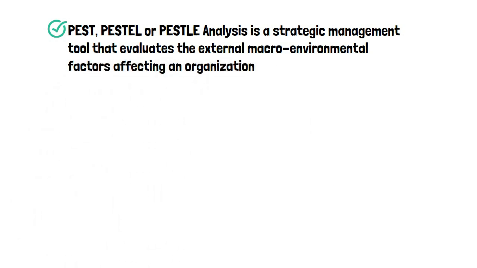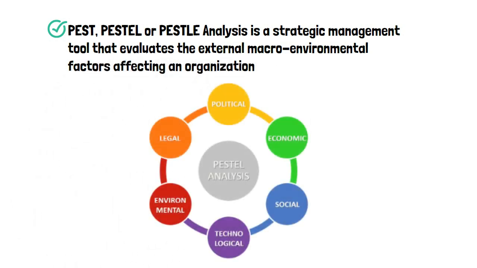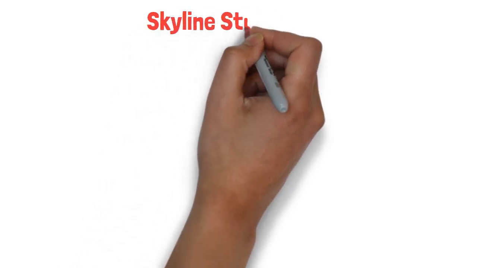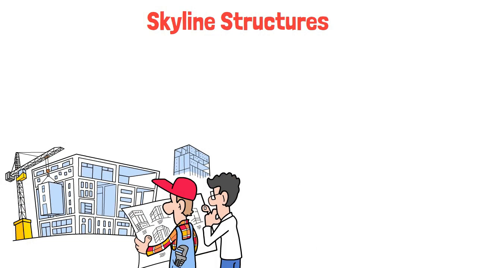The acronym PEST stands for political, economic, sociocultural, and technological factors, which serve as categories for analyzing the environment in which a business operates. Let's walk through a real-world example with a fictional company called Skyline Structures, a mid-sized construction company based in North America.